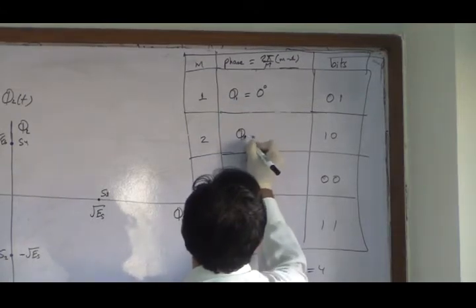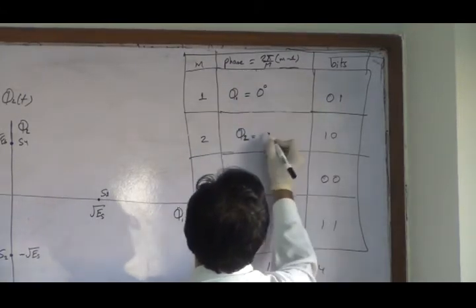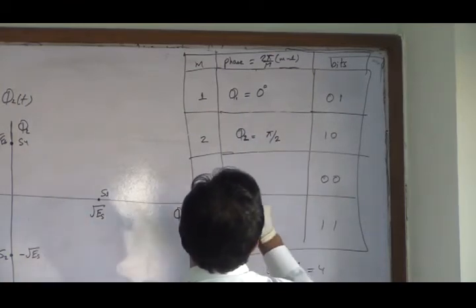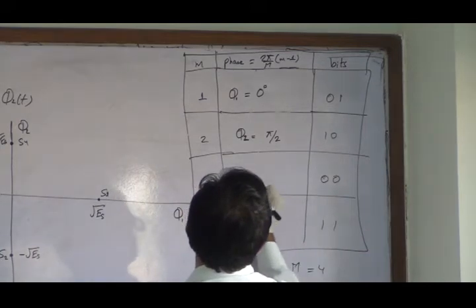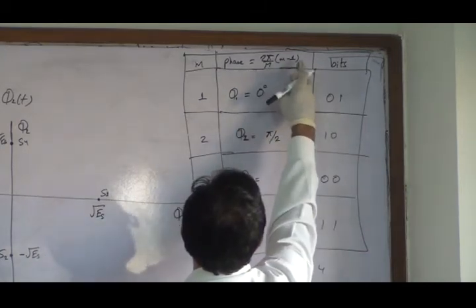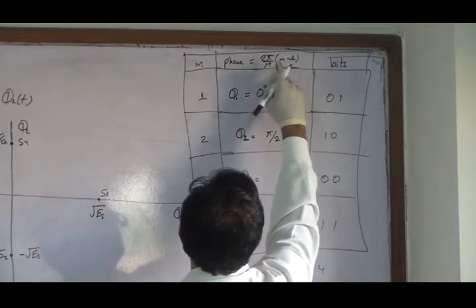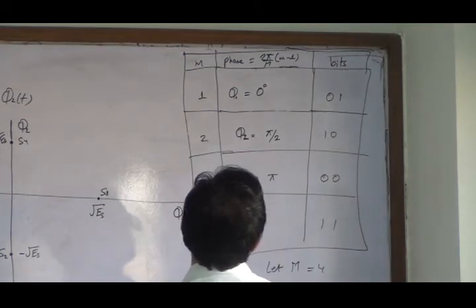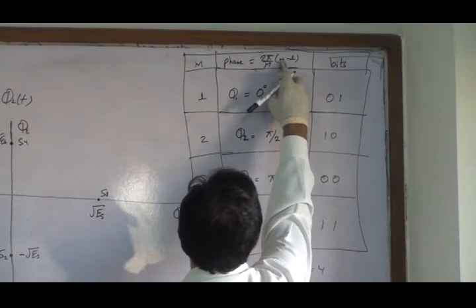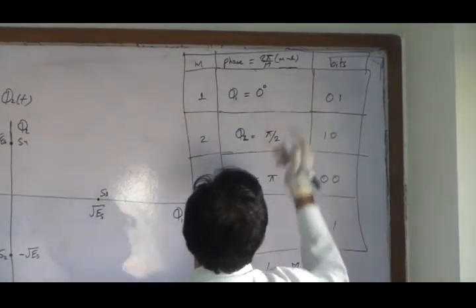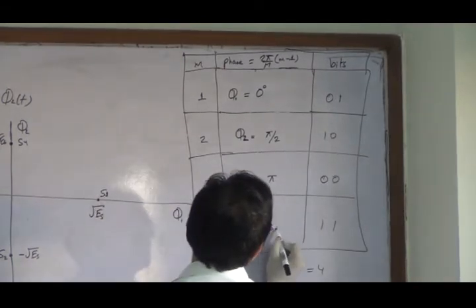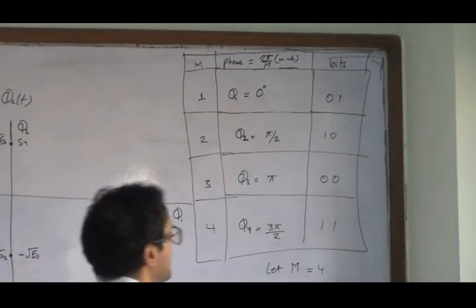Phi 2 is 90 degrees, basically pi by 2. For phi 3, if you substitute 3 here, 3 minus 1 is 2, which gives 4 pi by 4, it is pi, right? And phi 4 is substituting 4 here: 4 minus 1 is 3, 6 pi by 4, in other words 3 pi by 2, which is 270 degrees, right?